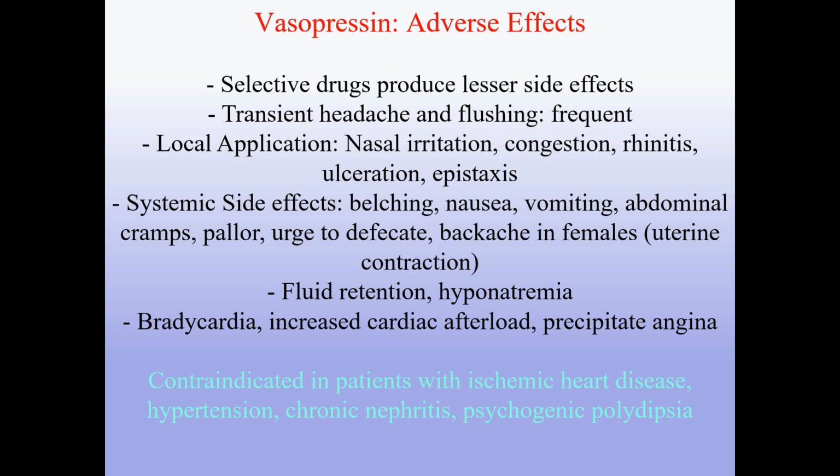Systemic side effects: belching, nausea, vomiting, abdominal cramps, pallor, urge to defecate, backache in females, uterine contraction, fluid retention, hyponatremia, bradycardia, increased cardiac afterload, and it may precipitate angina. It is contraindicated in patients with ischemic heart disease, hypertension, chronic nephritis, and psychogenic polydipsia.